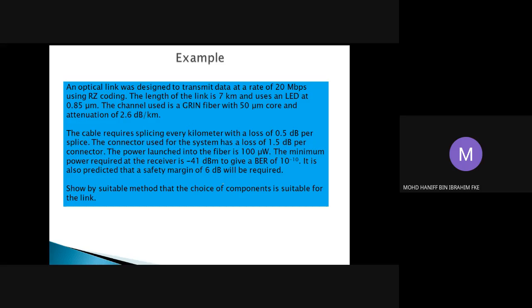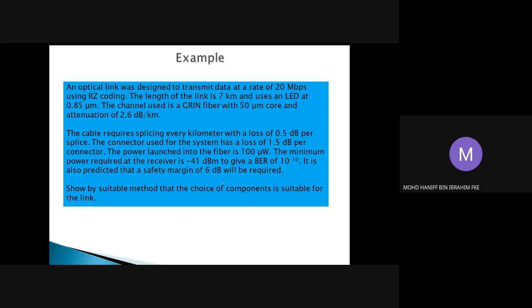The channel used is graded fiber with a 50 micrometer core and attenuation of 2.6 dB per kilometer. The cable requires splicing every kilometer with a loss of 0.5 dB per splice. The connector used for the system has a loss of 1.5 dB per connector.